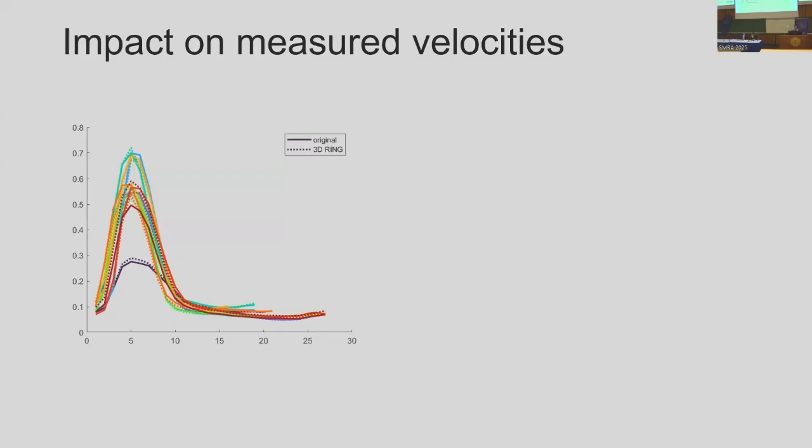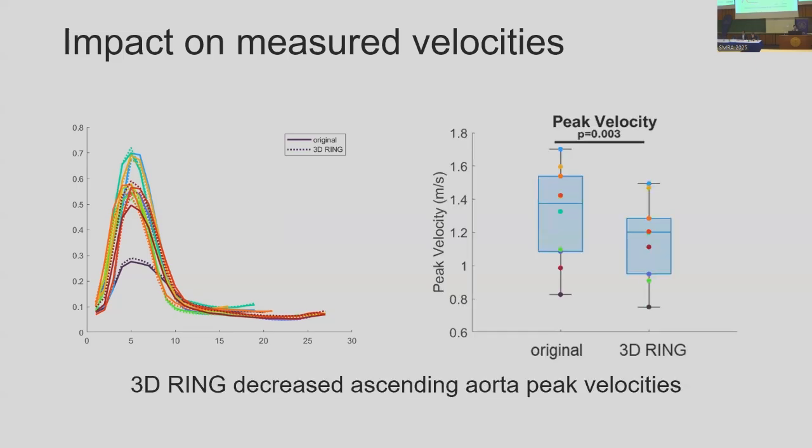And so to look at how this actually impacts the computed velocities, we did a time resolved compressed sensing reconstruction and looked at aorta flow over just expiration and over the cardiac cycle. We saw that the time curves of aorta flow didn't really change much with the trajectory correction, but there was interestingly a decrease in the peak velocity in the ascending aorta.